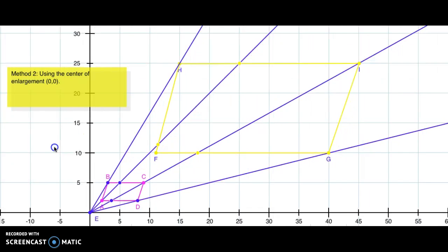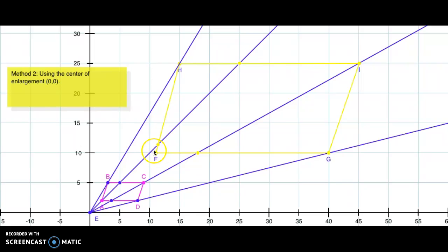Yeah, there we go. All right, so here is this shape. So here is my original parallelogram, and using the center of enlargement and a scale factor of 4, I made my next parallelogram, which is at H, I, G, and F.